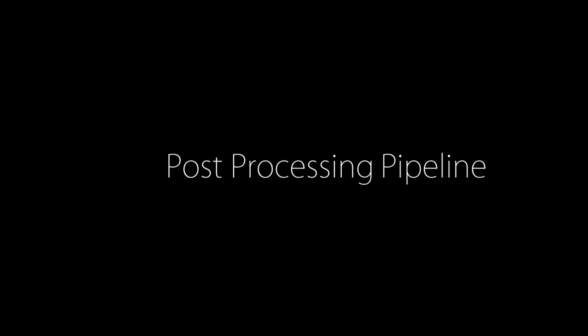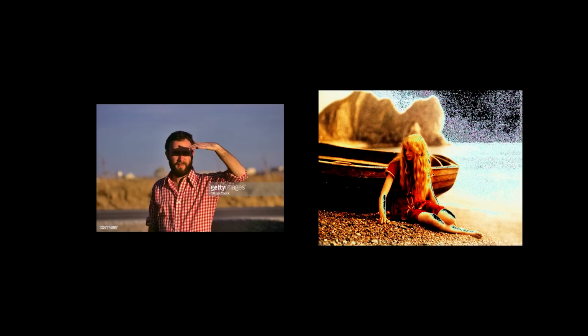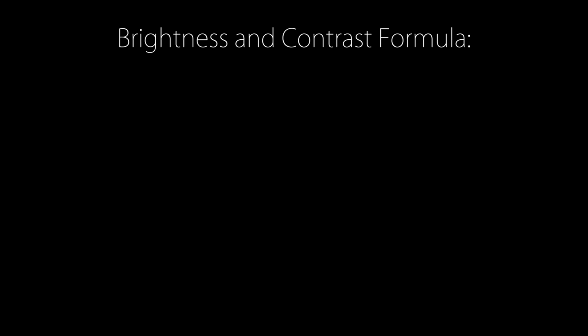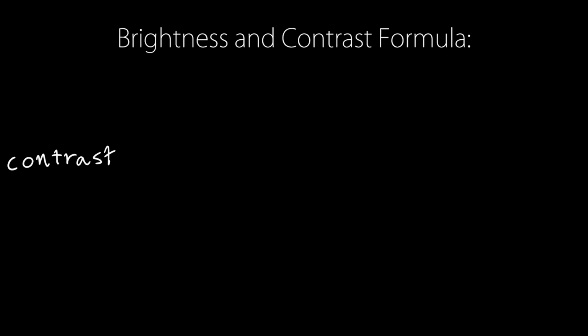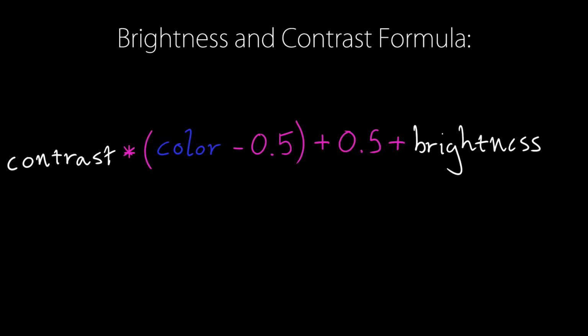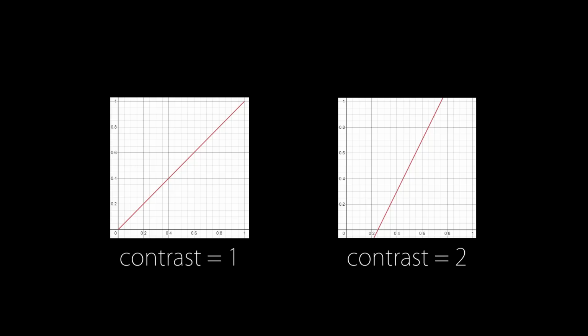Moving on, the first step in my post-processing pipeline is brightness and contrast. The general brightness and contrast function for a color in linear space looks like contrast times the color minus 0.5, plus 0.5 plus brightness. Essentially, the contrast value acts as the amount of gain that a color experiences.